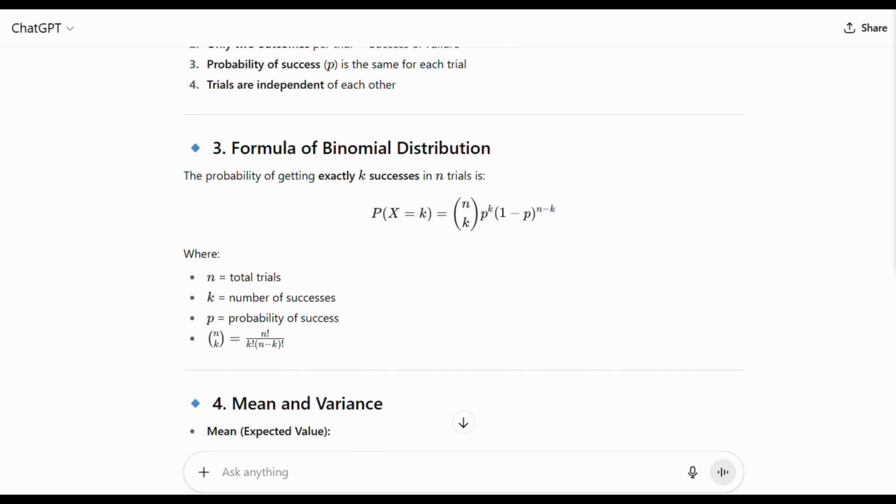Now coming to the formula. This is the formula for the probability of getting exactly k successes in n trials. So don't worry, guys, if you are not getting it properly; when I explain the problems, everything will be solved.